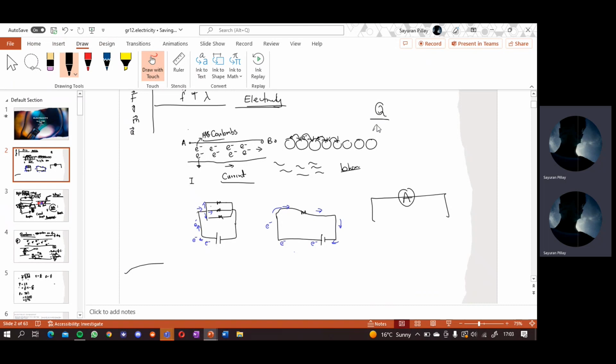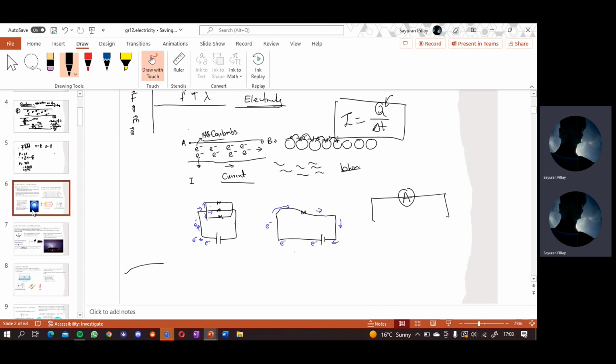So Q over change in time. How many electrons are flowing, the quantity of charge that's flowing, divided by how long it took to flow between those 2 points, is going to give you current. So I equals Q over change in time. And you can work with that in other situations as well, and you'll see it can be very helpful, especially with the photoelectric effect section. I'll show you that later on when we get to it.